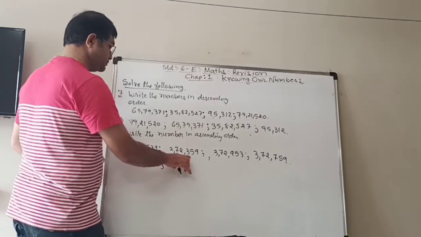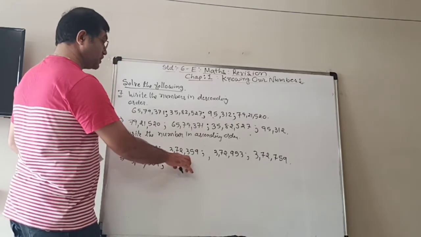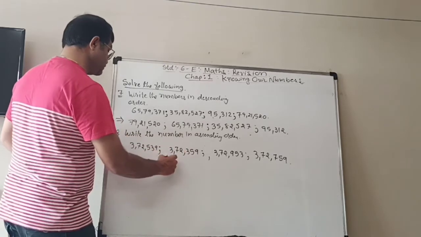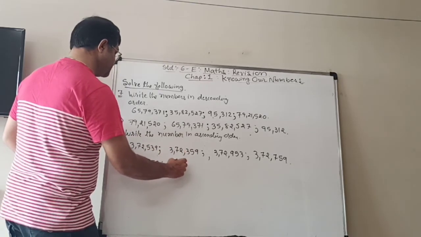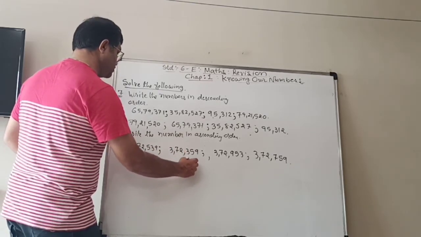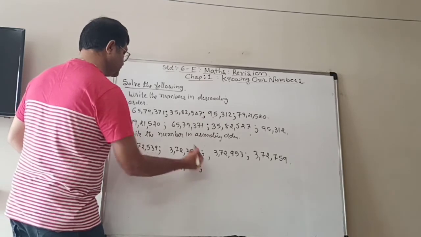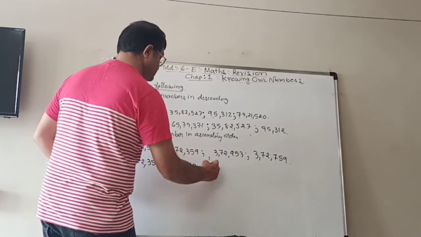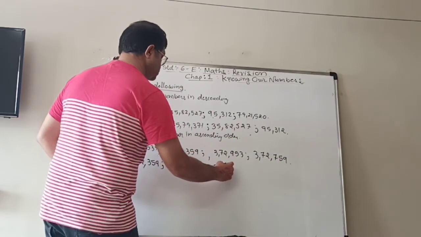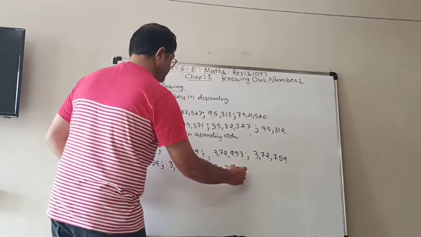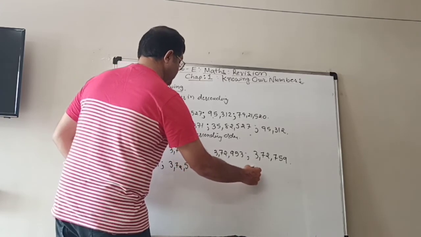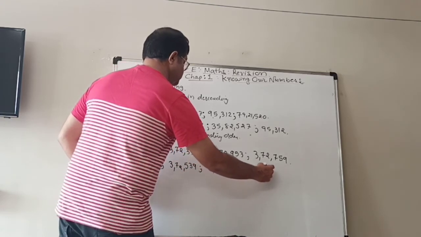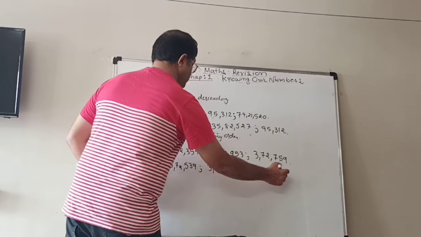Then after 3, it comes 5. So 372,539. After 5, 7 and then last 9. So 372,759 and lastly 372,953.